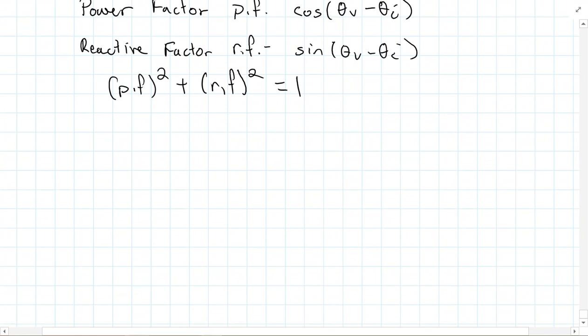So let's end this lesson here by going through an example of how we can determine some of these pieces of information. Let's look at an example, and we're just going to have some boxes.